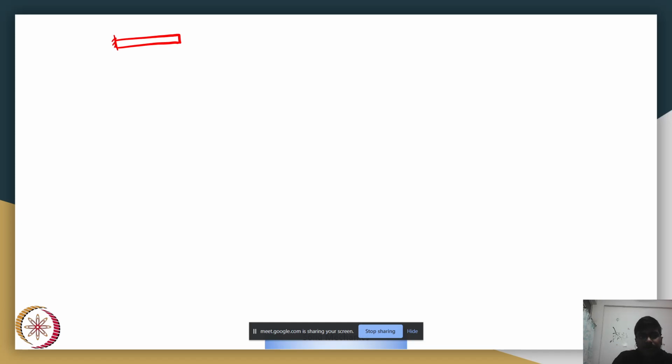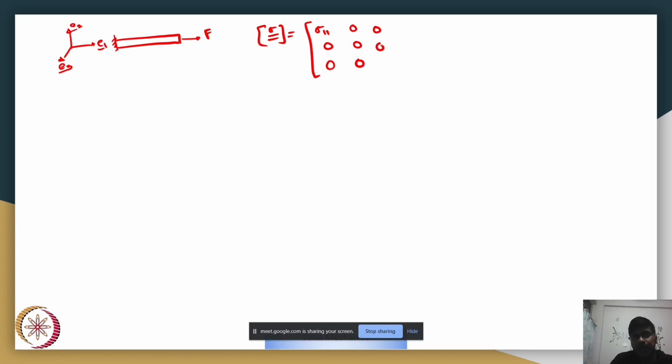Suppose I'm looking at a rod like this and I apply a load, with axes e1, e2 and e3. Now if I look at the state of stress of this particular beam, which is only under tensile load and is clamped on one end, it would look something like sigma 11, 0, 0, 0, 0, 0, 0, 0, 0.